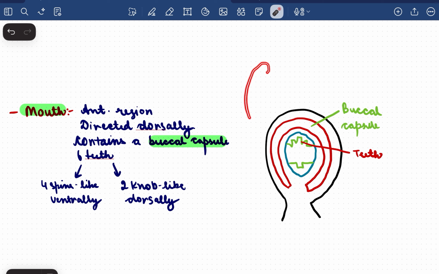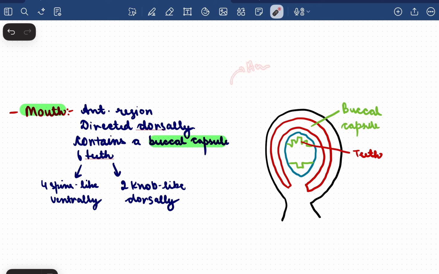This dorsally directed mouth is the reason why these worms are called hookworms. And these are called Old World hookworms in particular because they are found in the Old World countries, for example, the European countries, India, Africa, which is different from the distribution of, let's say, Necator, which inhabits America.